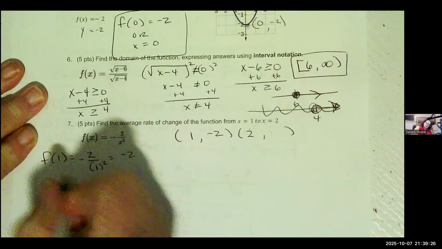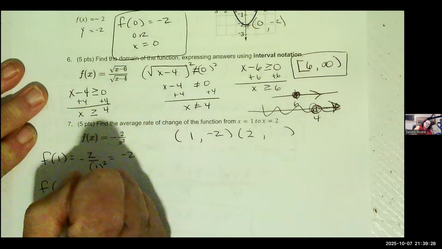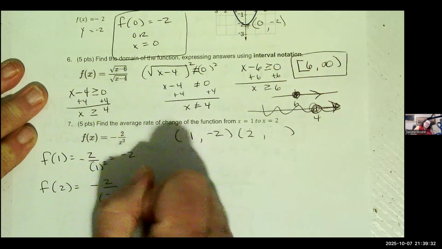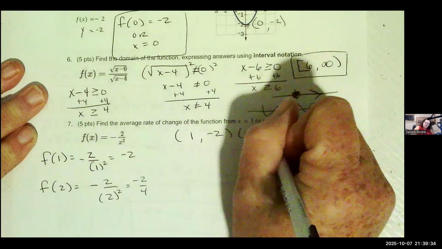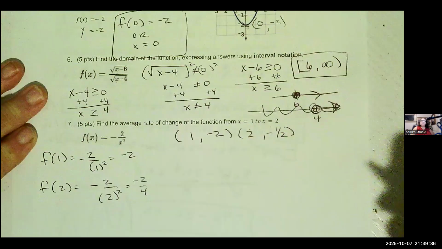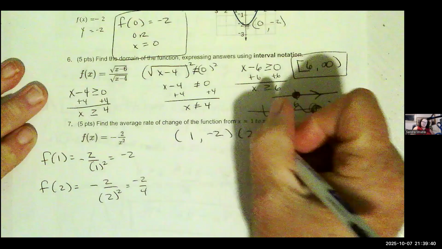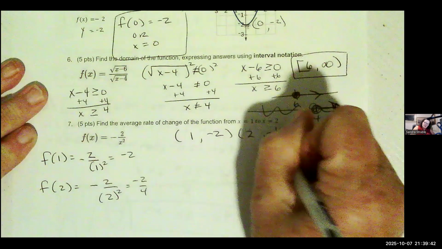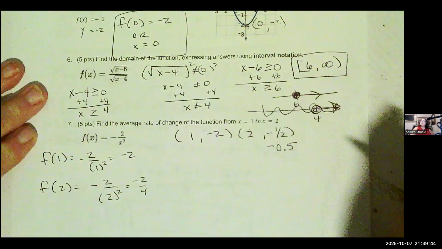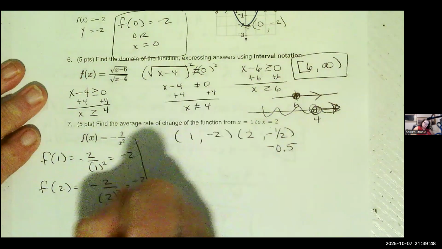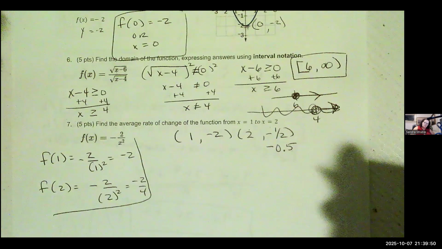All right, f of 2 is -2 over 2 squared, which is -2 over 4, and that's -1/2. Because this is a terminating decimal, I am totally okay with -0.5 instead of -1/2. As of right now, I don't see that being an issue. If it turns out to be an issue, we'll talk.